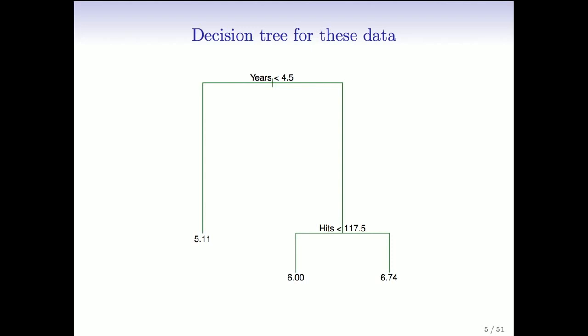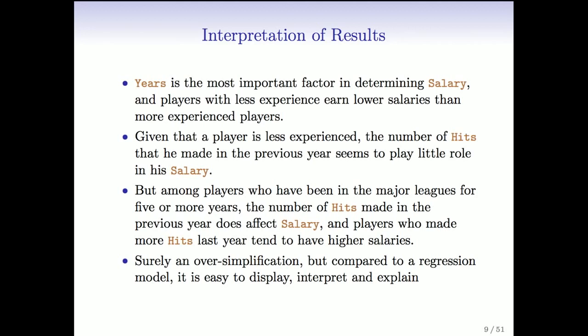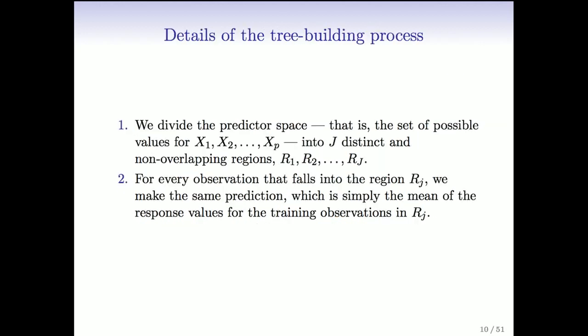This is the summary of the model, and we don't need an equation to summarize it. So it's simple to understand by people who aren't comfortable with mathematics. On the other hand, it's probably much simpler than it deserves to be, right? And for one of those reasons, the prediction error of trees is not very good compared to other methods. And we'll see we can improve it substantially if we combine ensembles of trees.